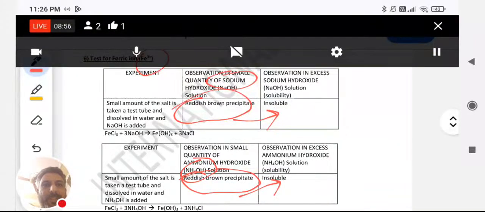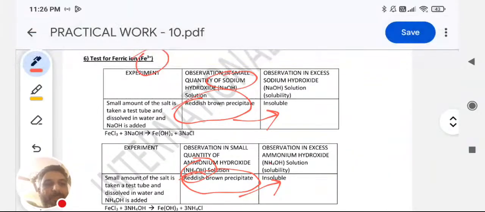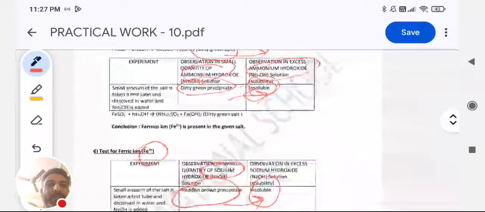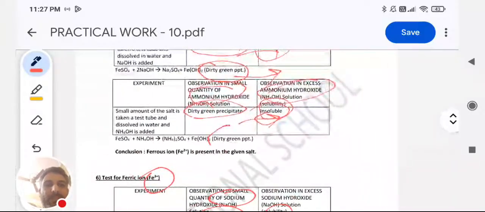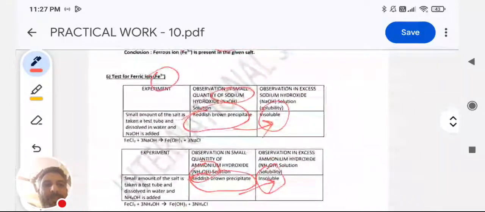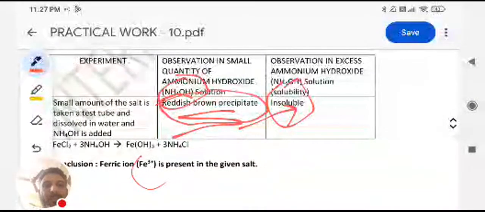In excess sodium hydroxide it is insoluble, and in excess ammonium hydroxide as well it is insoluble. So for ferrous ions, just remember dirty green precipitate, and for ferric ion, reddish brown precipitate. So this is the test for ferric ion.